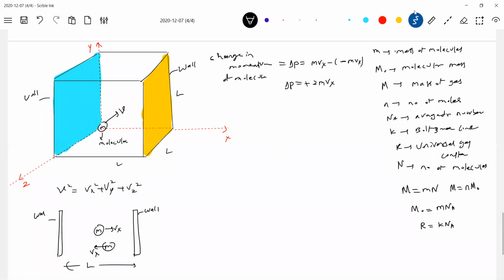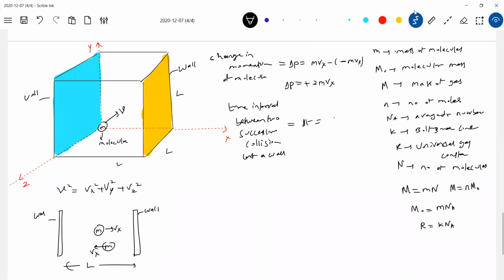So what is the distance it will cover? L. What is the time taken for two successive collisions with respect to a wall? Means the molecule will start here at t equals 0. Then to come and collide again with this wall, what is the distance it will move? L and L. So the time interval between two successive collisions, shall I write delta t?